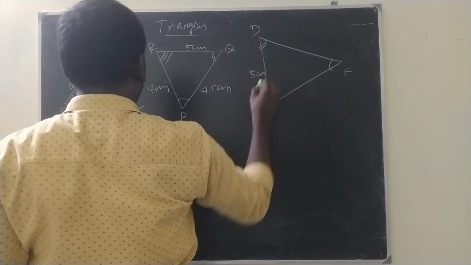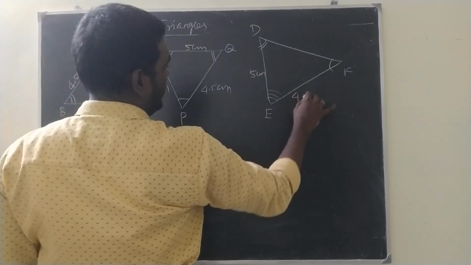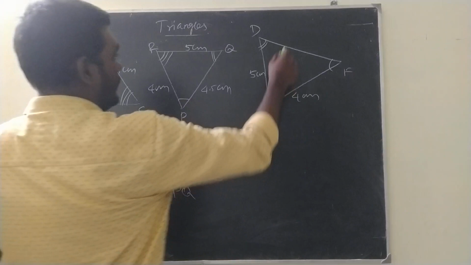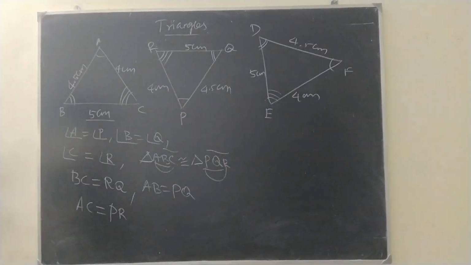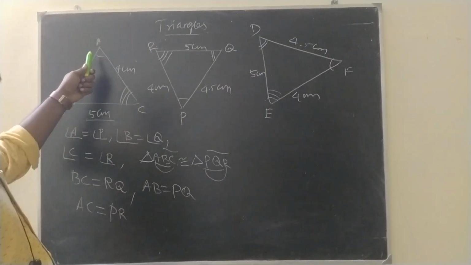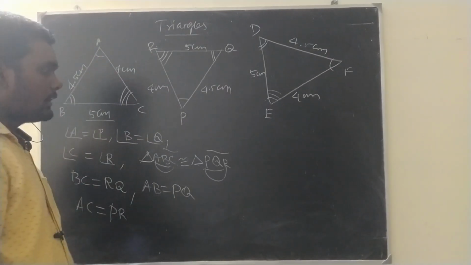So here 5 centimeter, here 4 centimeter, here 4.5 centimeter. Now check whether that ABC is congruent to DEF or not. How do you check again?